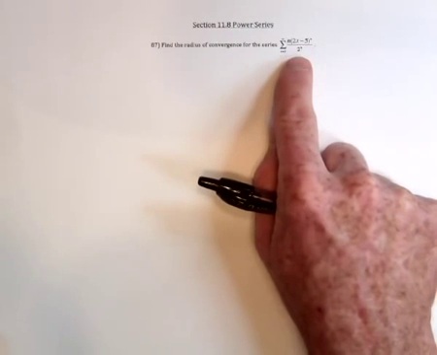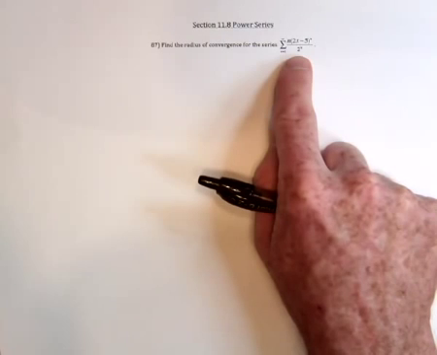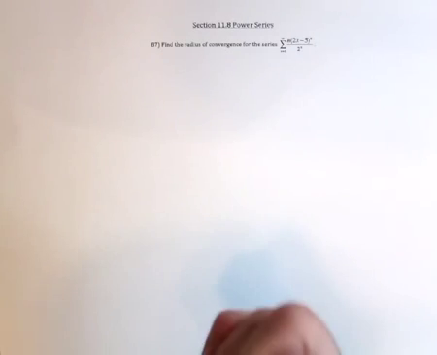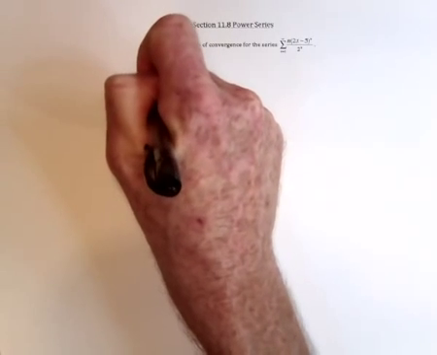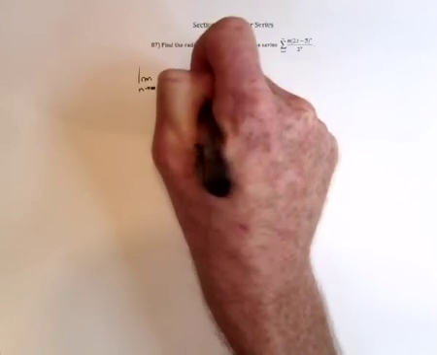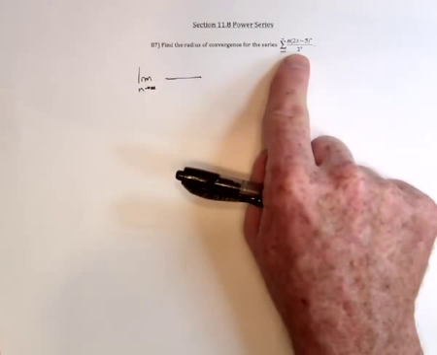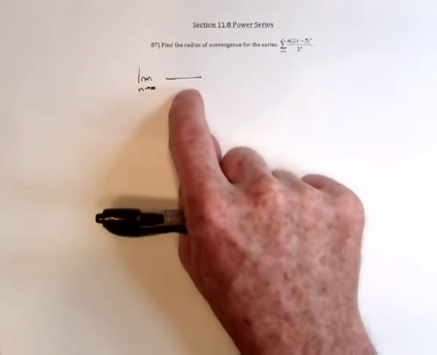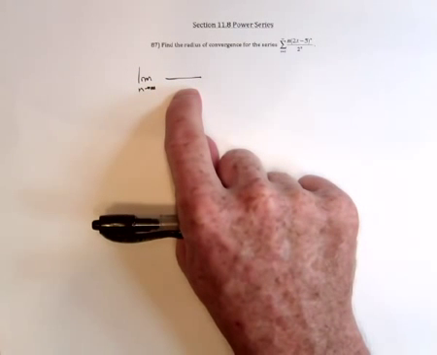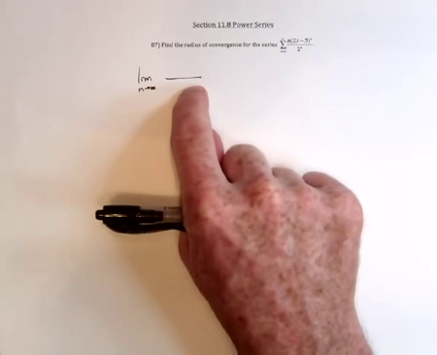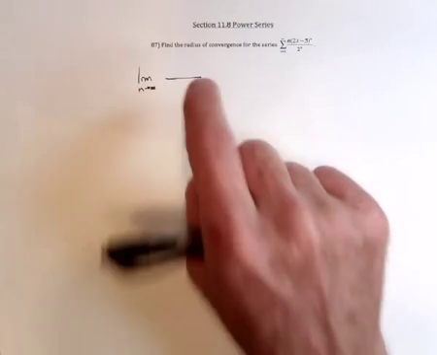For this one, I'm going to use the ratio test, and we're going to have the 2x minus 5 in there. So we need the limit as n goes to infinity. So remember, with the ratio test, we have n plus 1 for the n, that's the numerator, and then the denominator is when you just have an n. Well, because that's going to be a fraction divided by a fraction, I'm just going to go ahead and invert and multiply the second fraction.